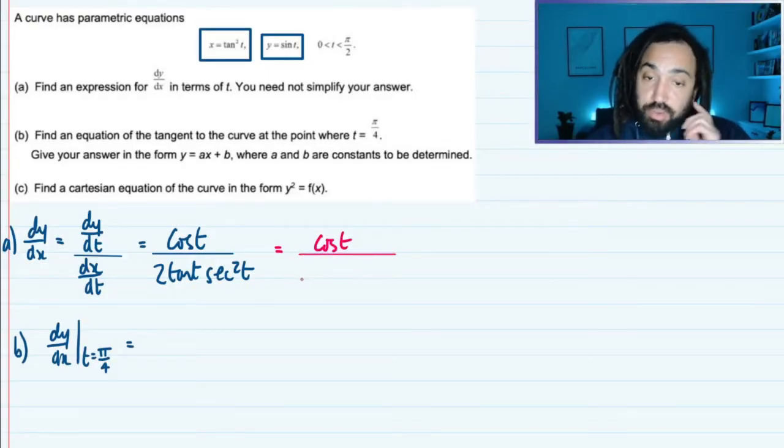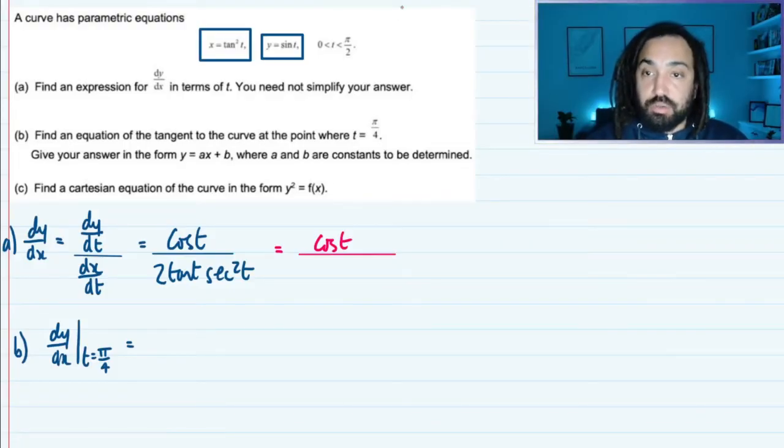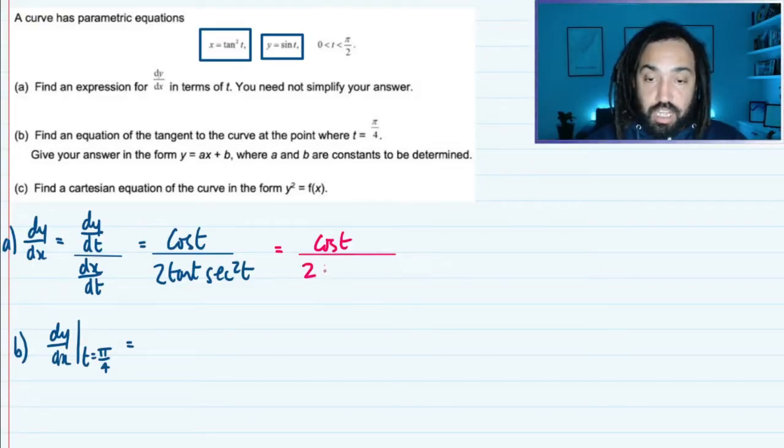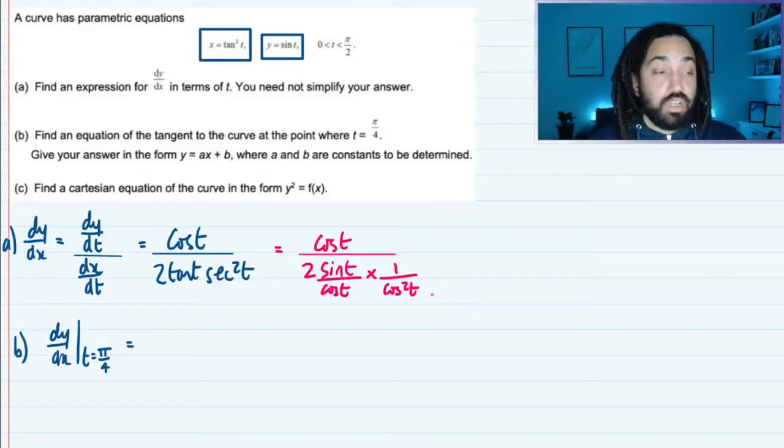So what have we got here? Aha, I know what we've got. We've got cos t, and we are dividing by 2 tan, which is sine t over cos t, multiplied by sec, which is 1 over cos, so sec squared is 1 over cos squared.